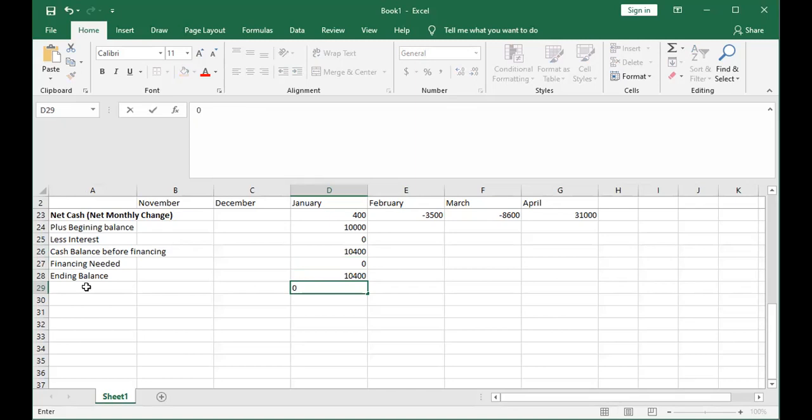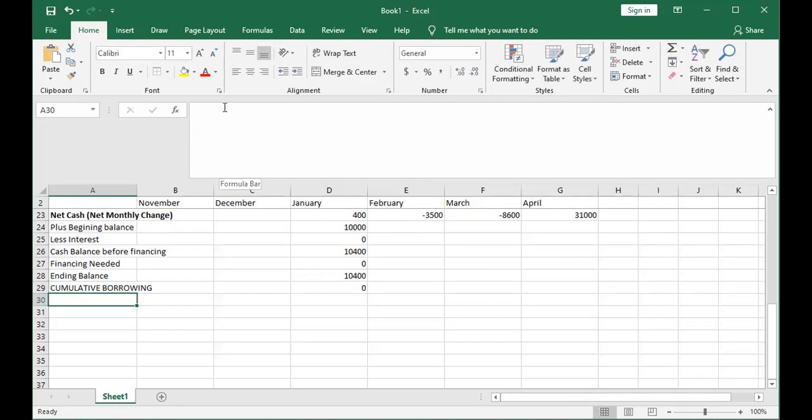So the last part here is cumulative borrowing. What does cumulative borrowing mean? It means that if there is any borrowing, you have to add each of the borrowings that happened in each month.